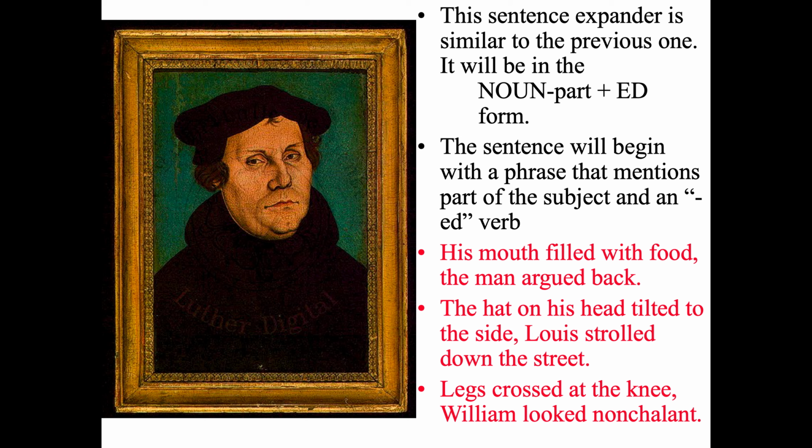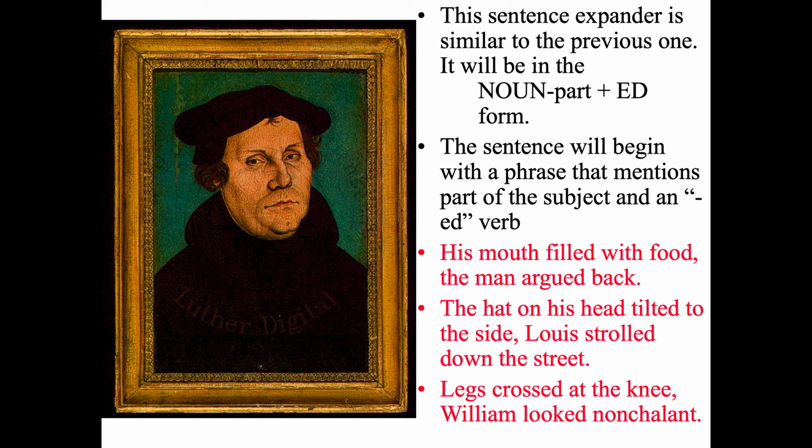Okay, so my simple sentence is the man argued back. Well, when he's arguing, what's a distinctive piece of him? Well, his mouth. So I'm going to take his mouth and then I'm going to add an ed verb. His mouth filled with food, comma, the man argued back.